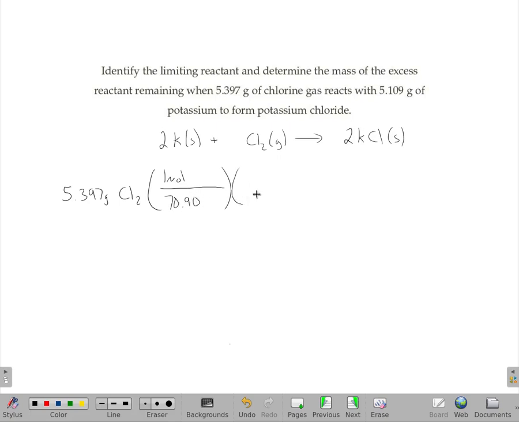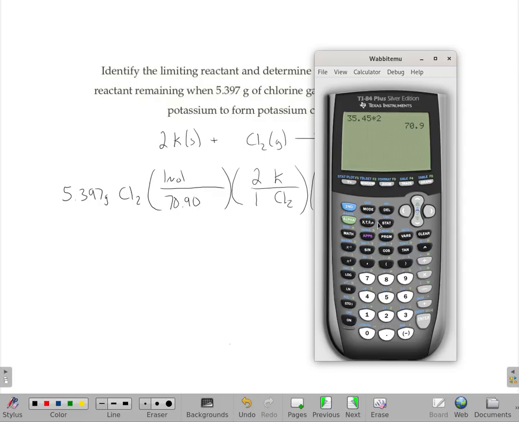Now, in my balanced equation, we see that 1 chlorine is needed to balance out with 2 potassiums. And now 1 mole of potassium, periodic table tells me that potassium weighs 39.10 grams. All right, so let's see what's the maximum amount of potassium I need to use up every bit of that chlorine.